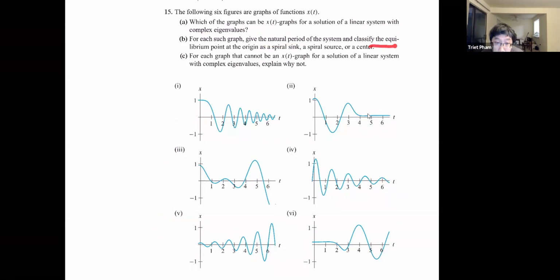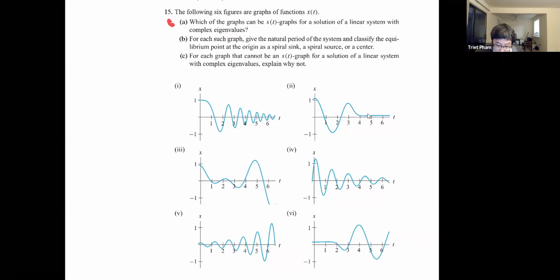And right, is 0, 0 a sink, source or center? And then explain why the ones you don't choose fail. So give it a shot. That's going to be the last thing that I will do today. But I think it's kind of fun to look at that.